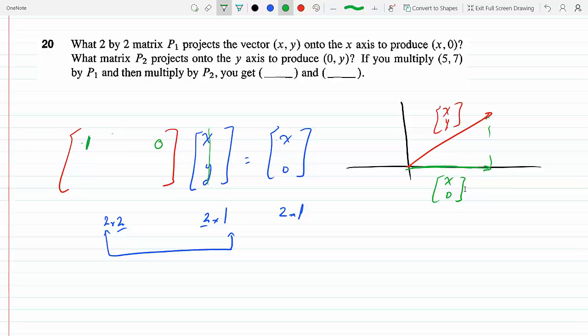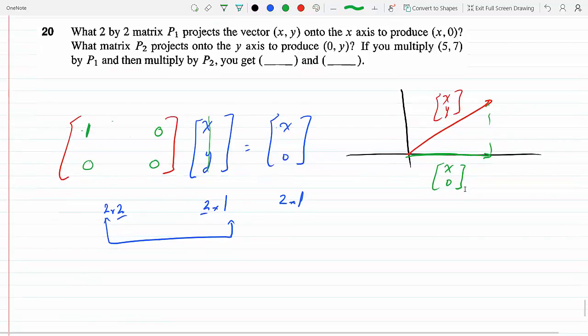And the y has to go away and the x has to go away on the second multiplication, so this needs to be a 0 0, because this will get me 0x plus 0y, and therefore the answer would be the matrix 1 0 0 0. So the first answer to the problem, projection matrix P1, has to be 1 0 0 0.